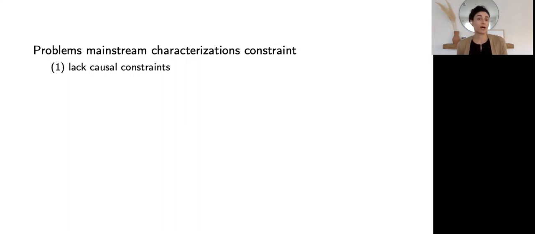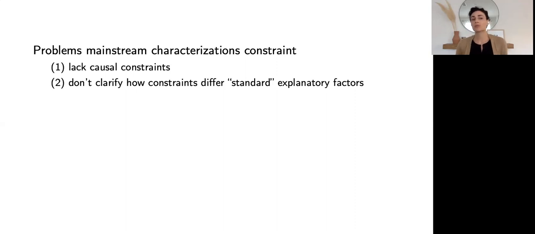And this is despite the fact that very promising candidates exist. A second problem for these accounts is that they don't clarify how explanatory constraints differ from standard explanatory factors, run-of-the-mill explanatory factors. In addition to this, they also fail to group constraints on the basis of similar features.